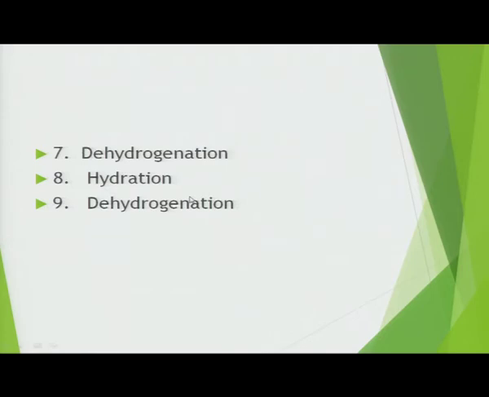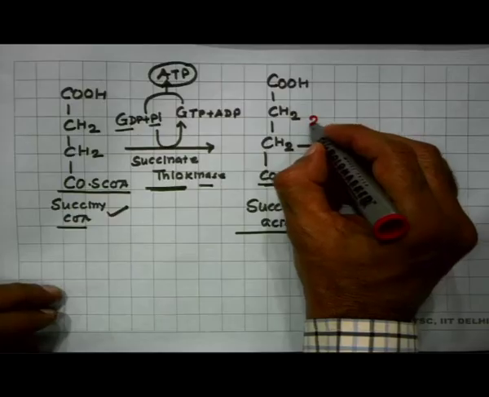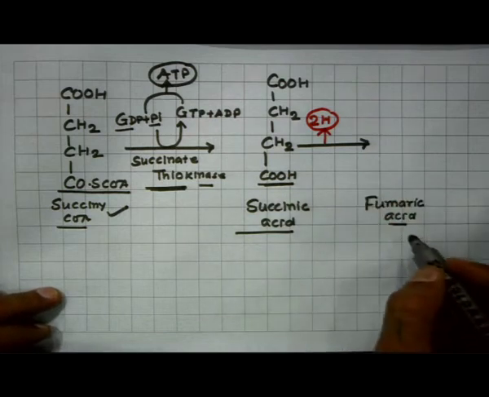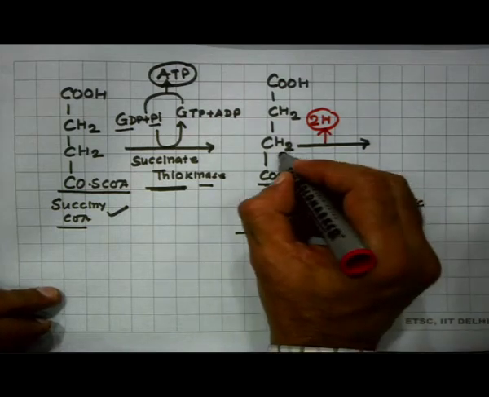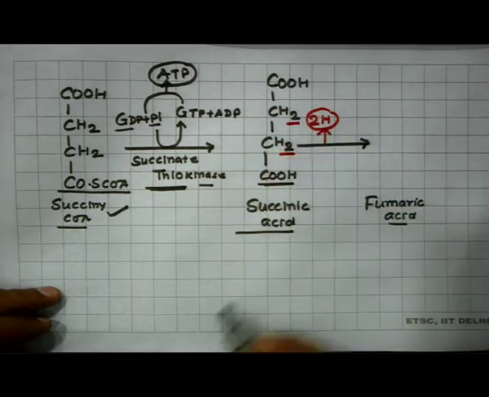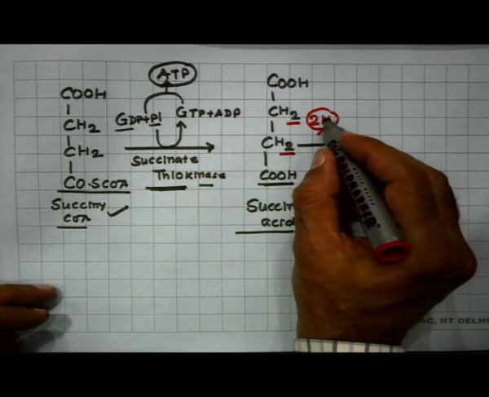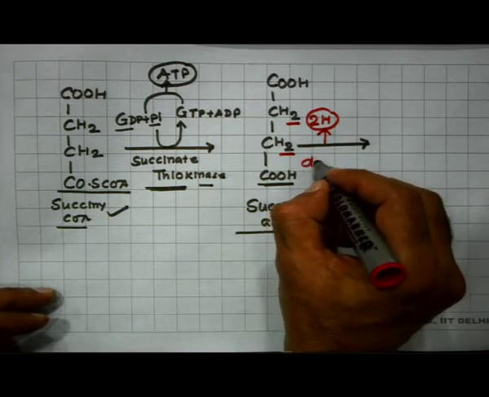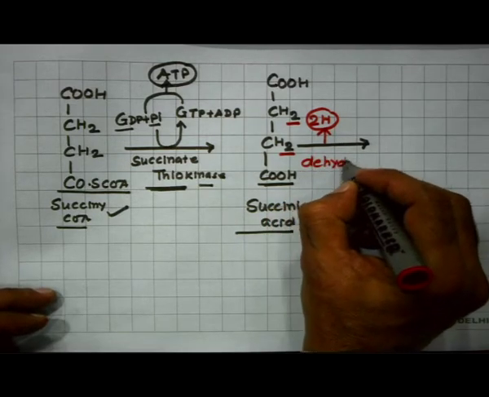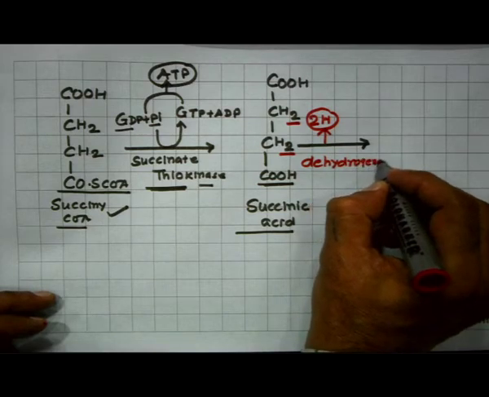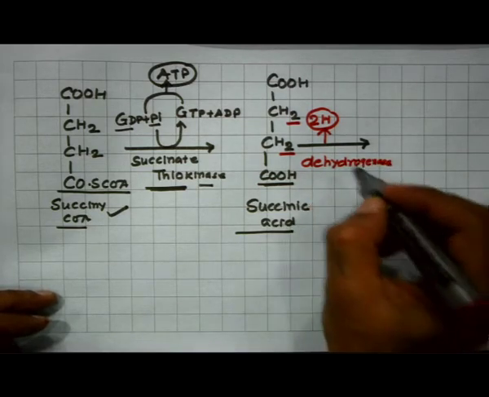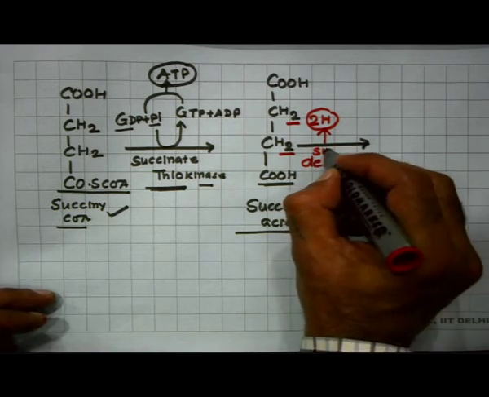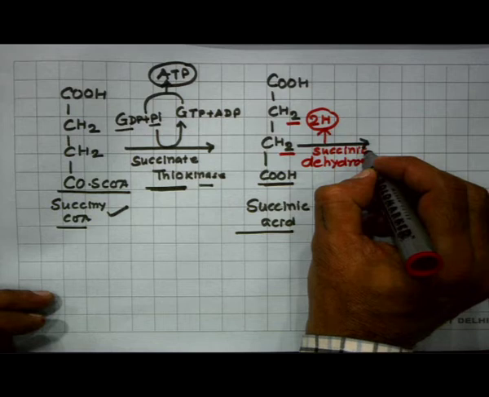In dehydrogenation, hydrogen is removed from this and this. The enzyme involved in the removal of hydrogen is dehydrogenase, no doubt. Here the substrate is succinic acid, so we can say succinic dehydrogenase.